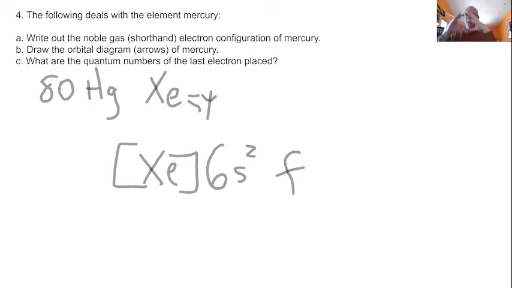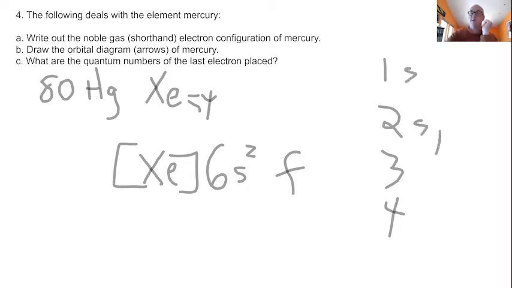Which shell is that? Is it 1, 2, 3, or 4? Four. Yeah, right, because shell 1 just has S, 2 has S and P, 3 has S, P, and D, and 4 is the first time S, P, D, and F show up. So that's 4F.